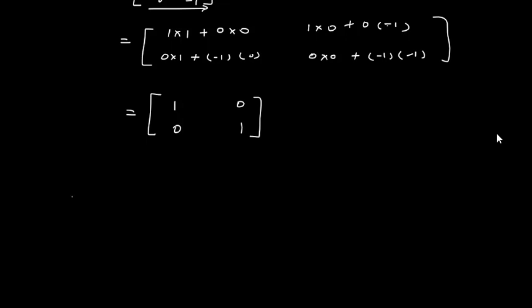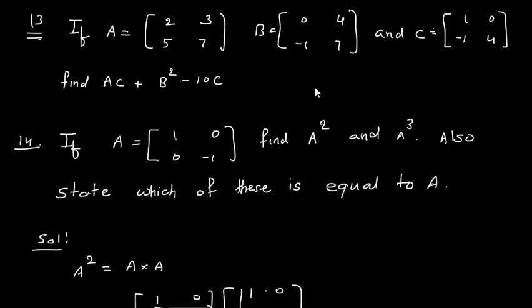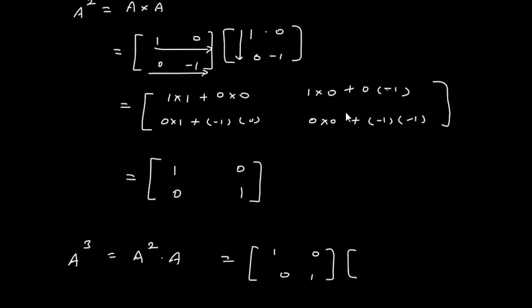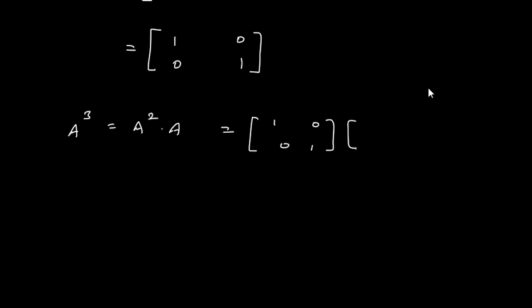This is A square. Now A cube we can say is A square into A, which is again [1 0; 0 1] multiplied by [1 0; 0 -1]. Okay. So now we have 1 into 1 plus 0 into 0, and the second element will be 1 into 0 plus 0 into minus 1.